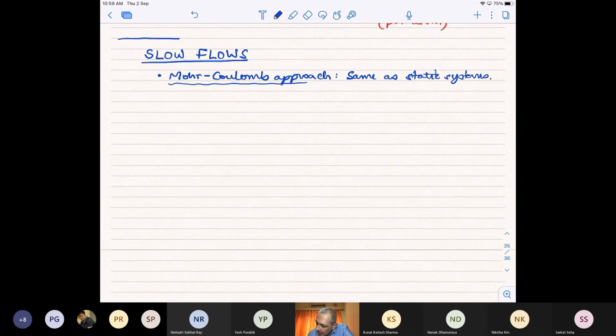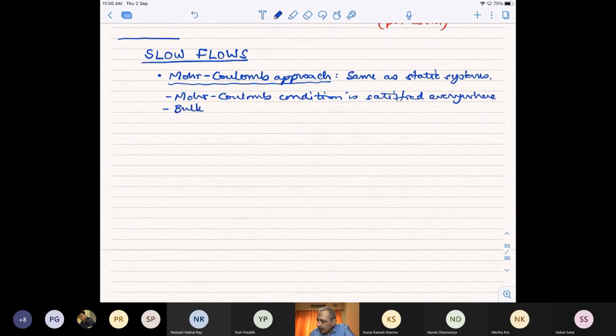that the Mohr-Coulomb condition is satisfied everywhere, and bulk density is constant.